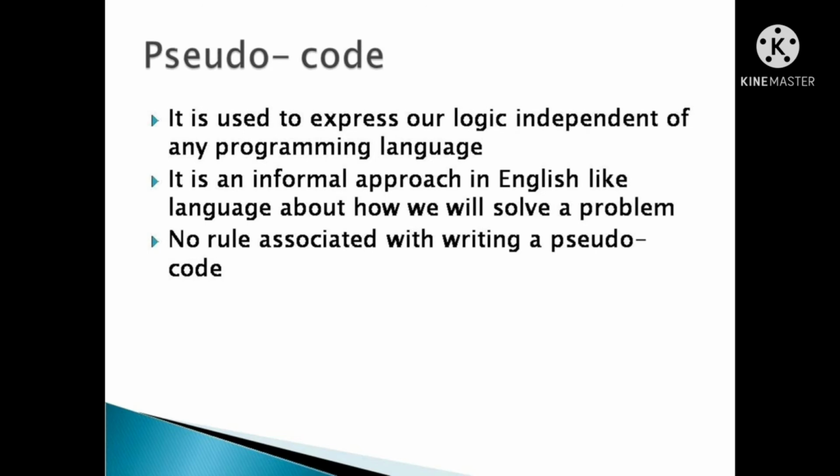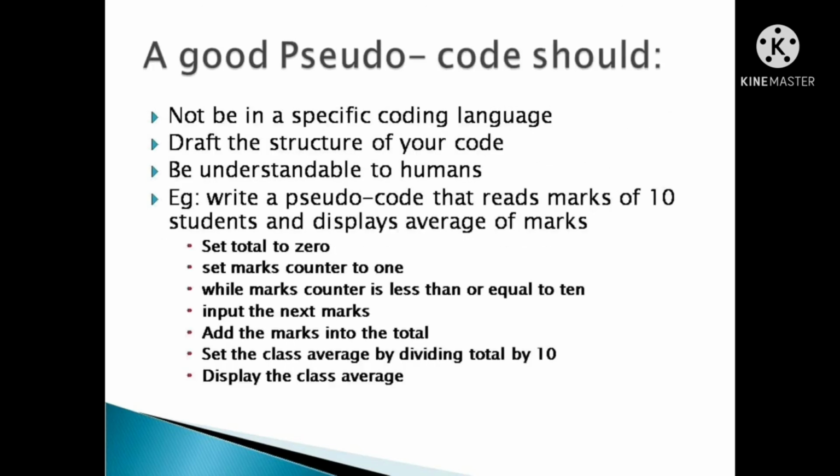There are no rules associated with writing pseudocode. It could be a list of instructions in English-like language or in any programming language. Pseudocode should not be a specific coding language. Draft the structure of your code so that it is understandable to humans.